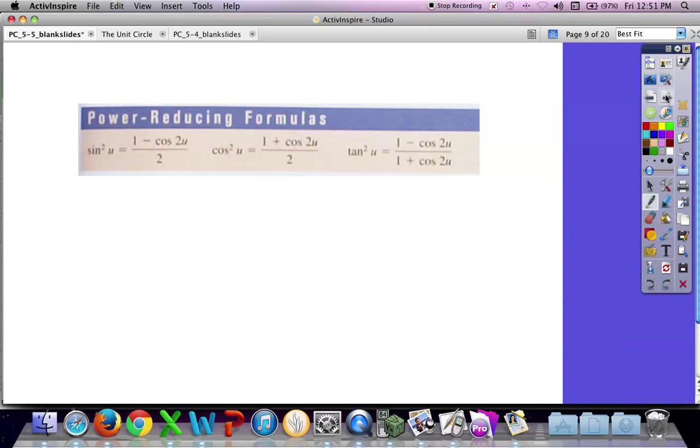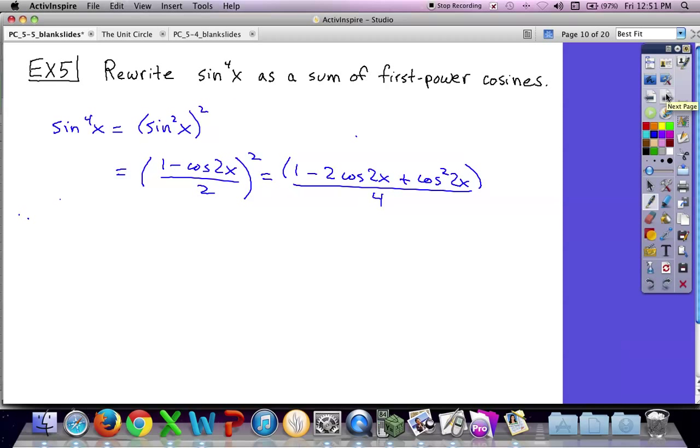So that's what it'll look like. This thing right here will be 1 plus the cosine of 4x over 2, where that angle is double that angle.